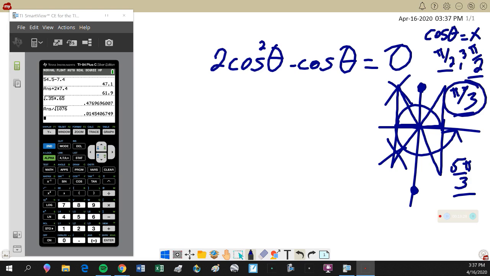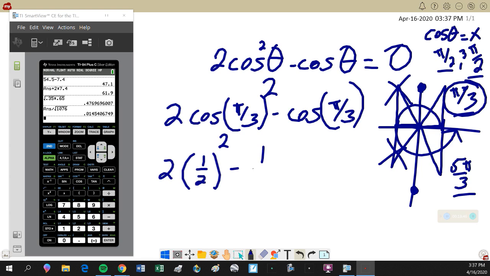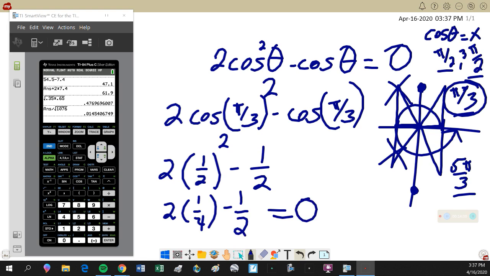So pi over 3. So 2 times the cosine of pi over 3 squared minus the cosine of pi over 3. Well, from the unit circle, the cosine of pi over 3 is 1/2. So I get 2 times 1/2 squared minus 1/2. Well, 1/2 squared is 1/4. So 2 times 1/4 minus 1/2. And you can see I get 1/2 minus 1/2, which is 0.